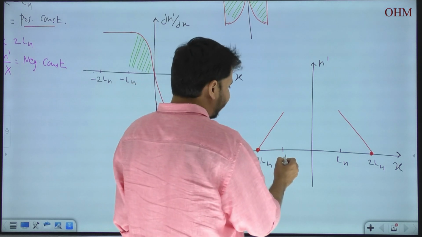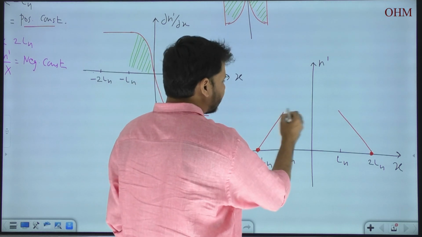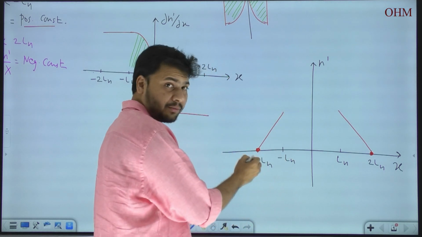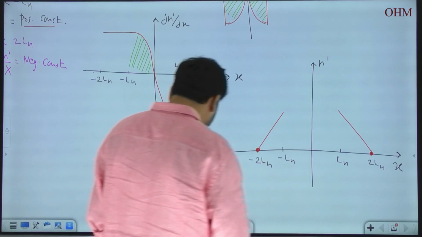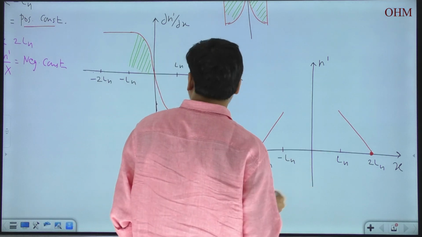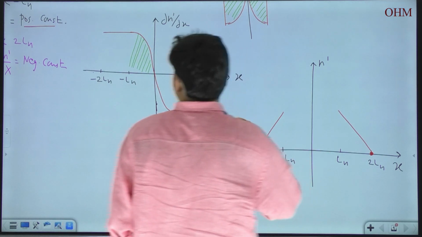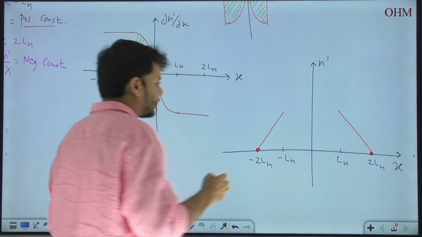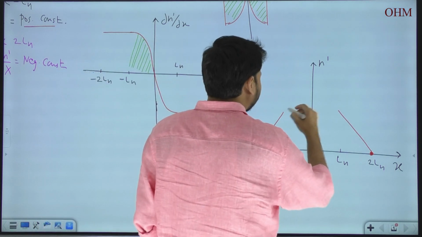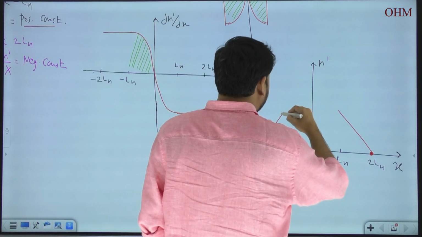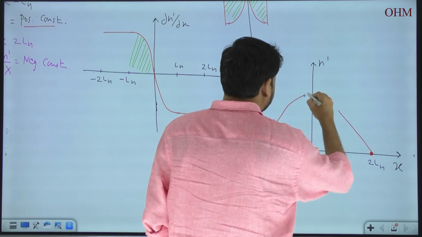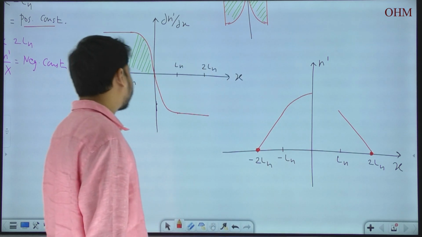Already at x equal to minus ln, it has reached a certain value starting from 0. Even beyond this, n prime will continue to increase. But because this slope value is decreasing, even the rate of increase of n prime will decrease. So it sort of does this thing.